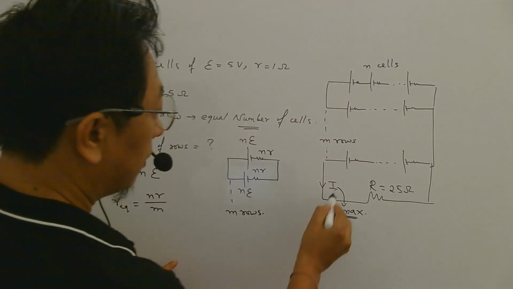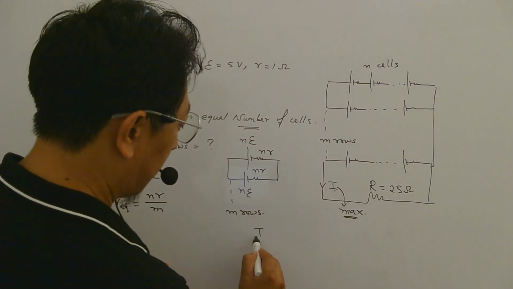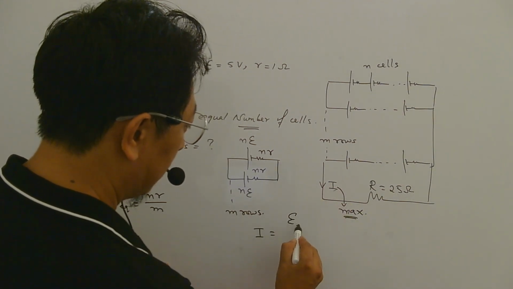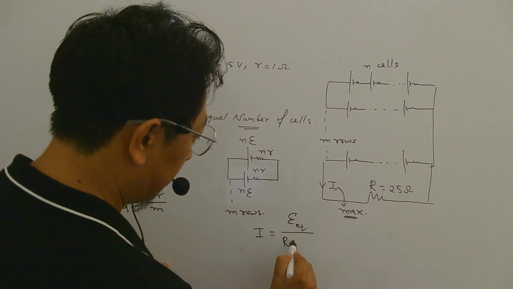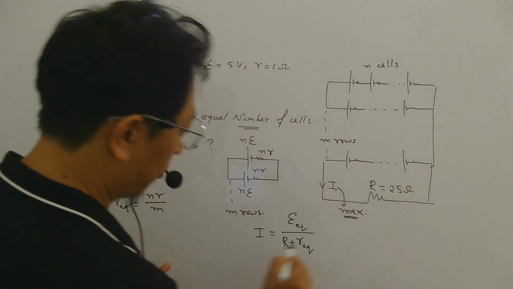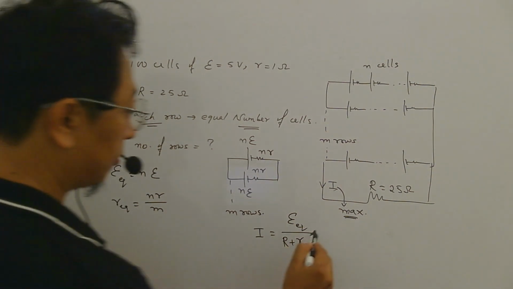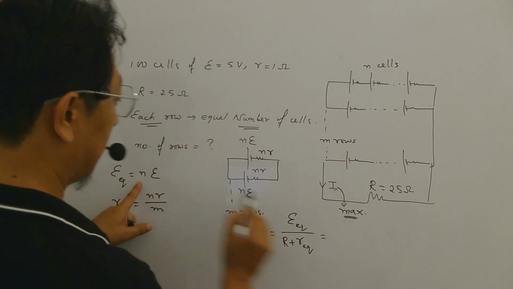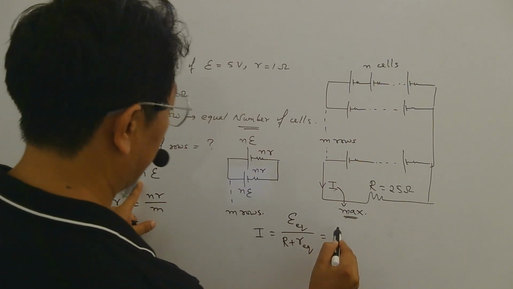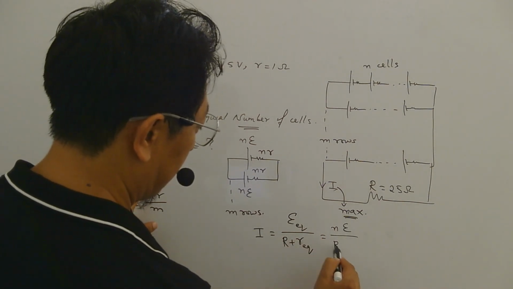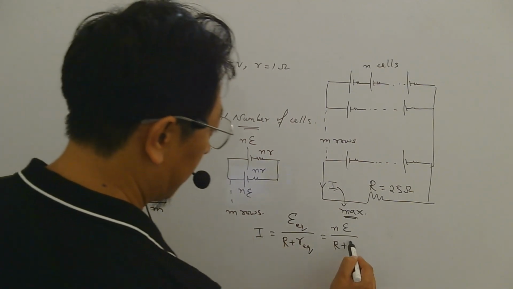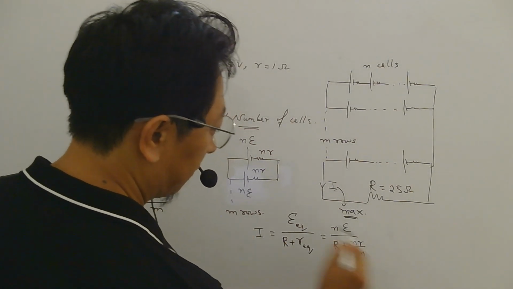Now if this current was given, we can write I equals E equivalent by external resistance plus r equivalent, right? So E equivalent would be nE, where n we don't know. Capital R plus r equivalent is nr by m.